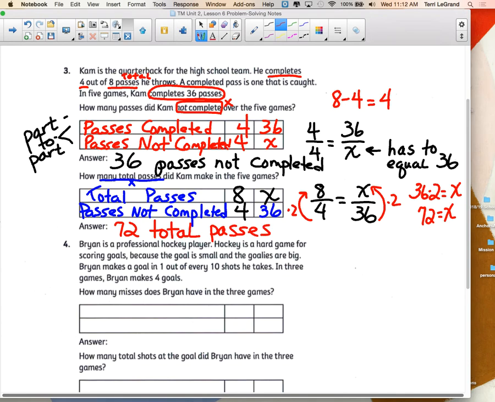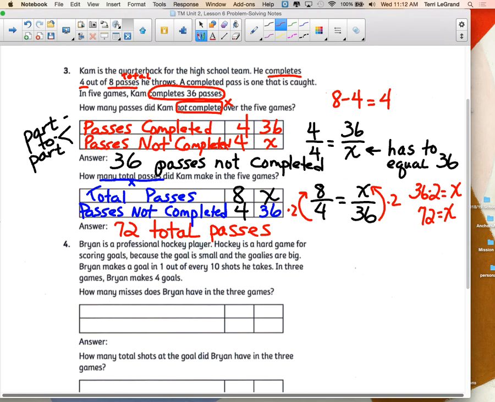Well, you know what? I'm feeling pretty confident about our answer. You know why? Because if he completed 4, he did not complete 4. If he completed 36, he did not complete 36. So tell me, if he did not complete 36, how many did he complete? 36.